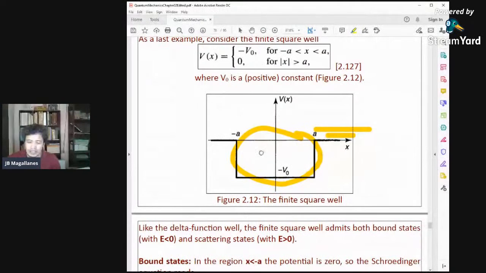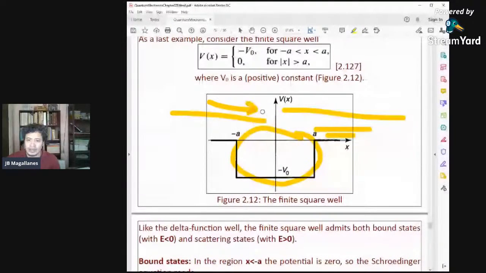In the usual scattering experiment, you have an incident wave, the transmitted wave, and the reflected wave. Incident, transmitted, and reflected.